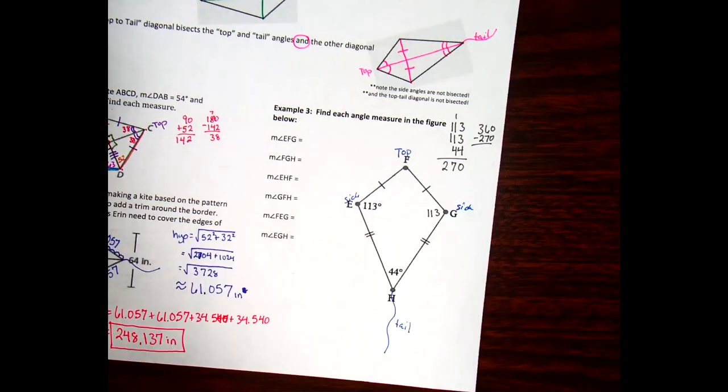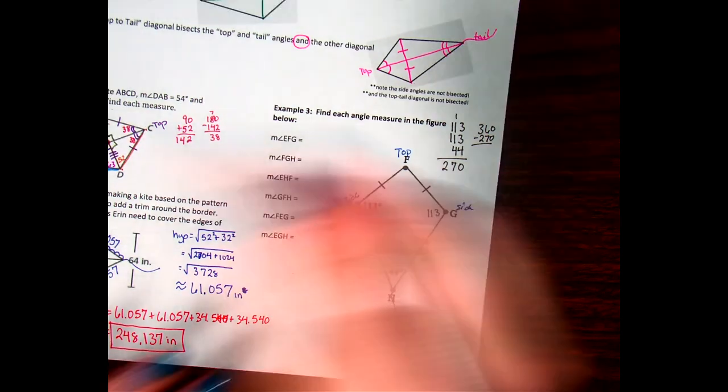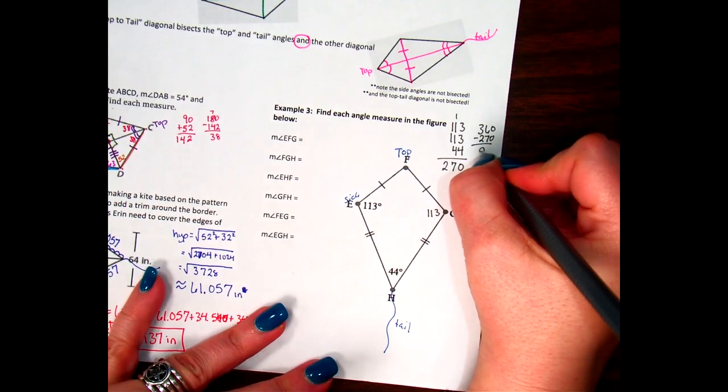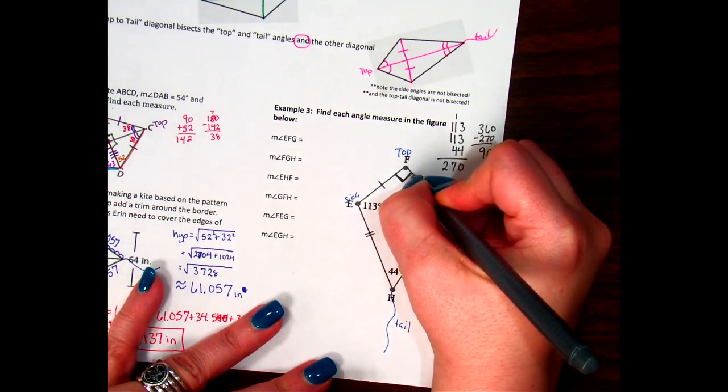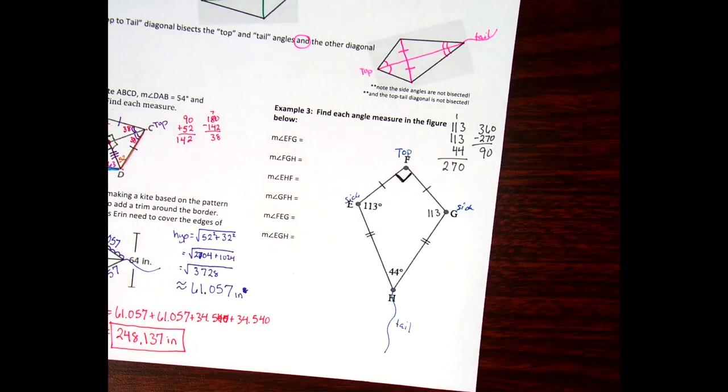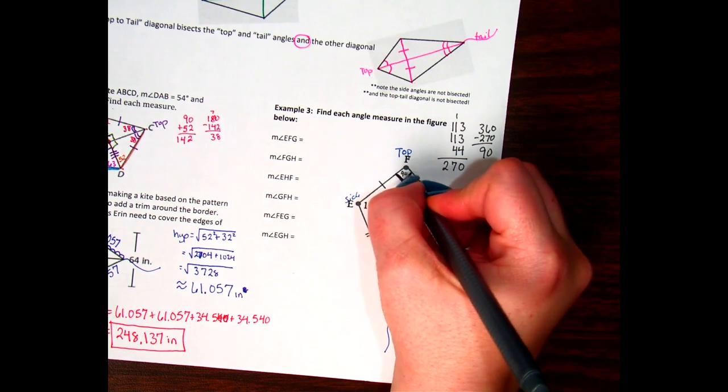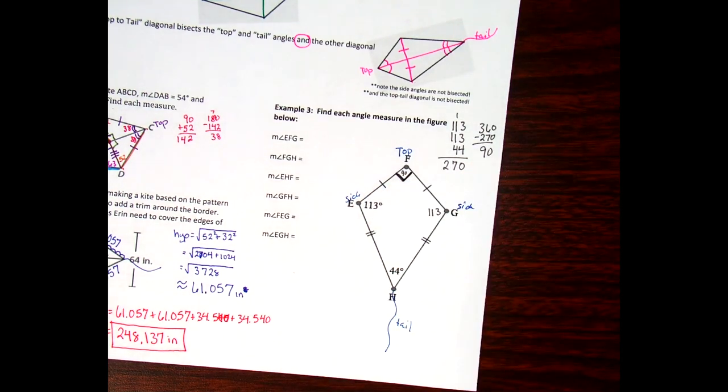So 360 minus 270, I believe, is 90. So that means this angle here is a right angle. That's fun. I'm just going to put the right angle box there. Okay, 90 degrees. I'm going to write it in there too for fun, so that if you're looking at it and not watching the video, maybe you'll know we found it and didn't just already have that there.